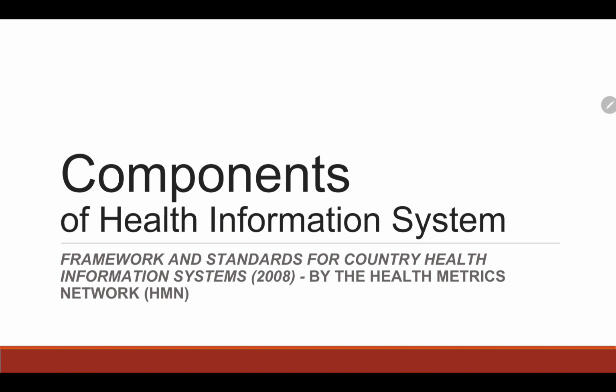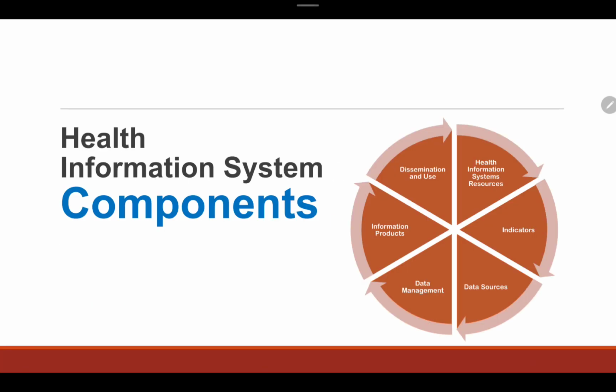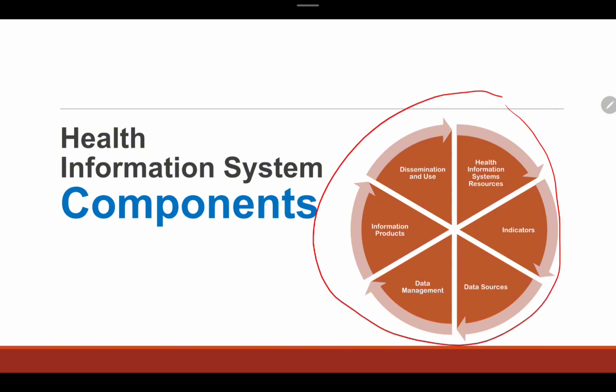So again, let's talk about the composition of the HIS. Imagine having a pie. Since it is a system, it is composed of different parts, different pieces of the pie. Okay? So let's go through them one by one.